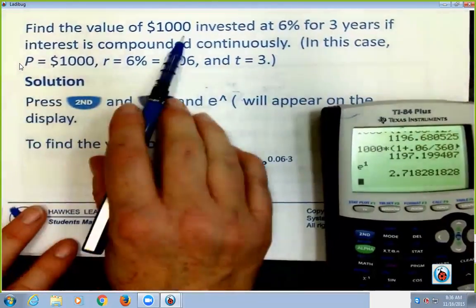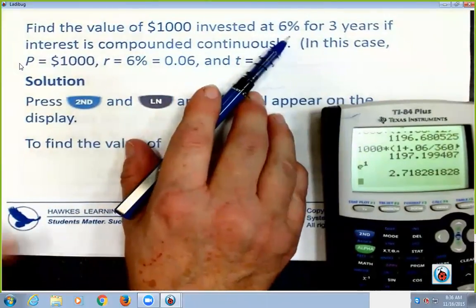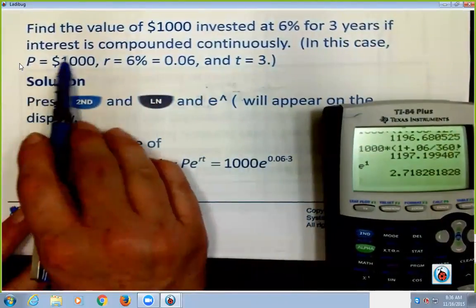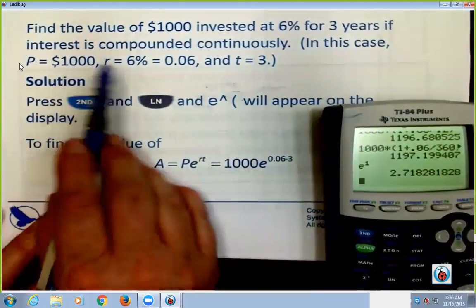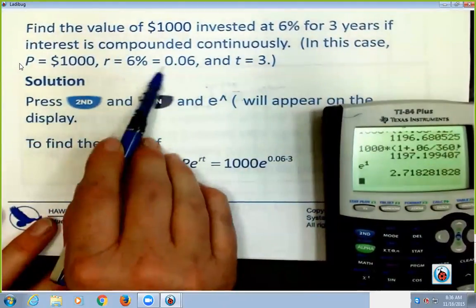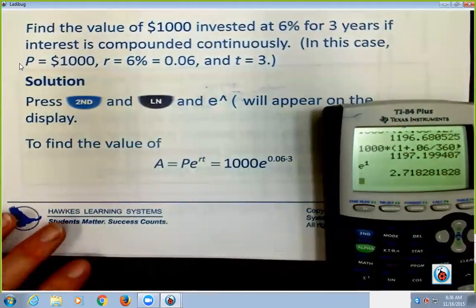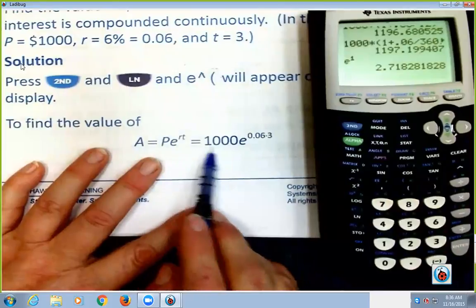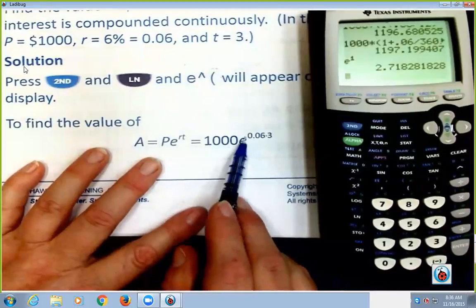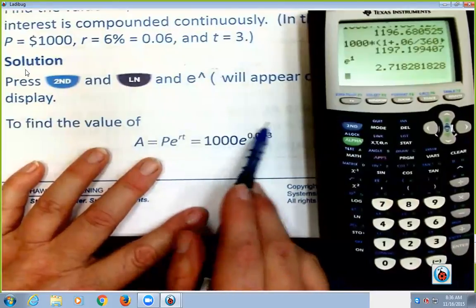So it says find the value of 1,000 invested at 6% for 3 years if the interest is compounded continuously. So we've got 1,000, 6%, which is 0.06, and time is t. So we plug it all in down here. We put our 1,000 in, our e, which we're going to use on our calculator, times this.